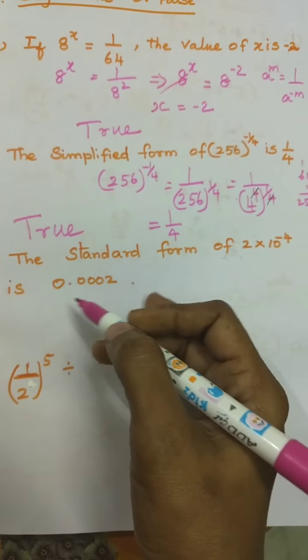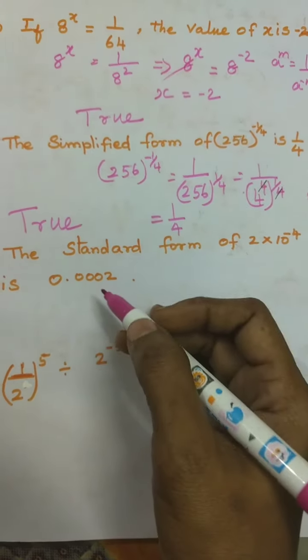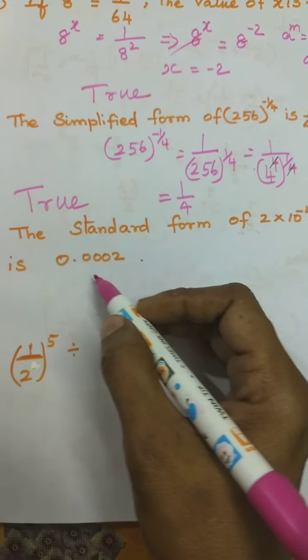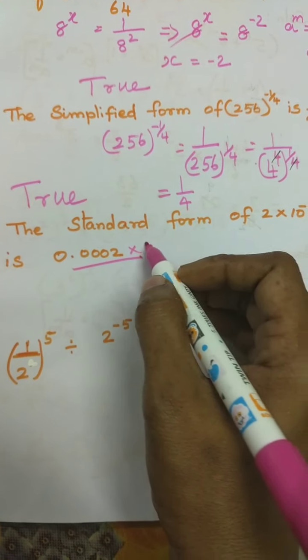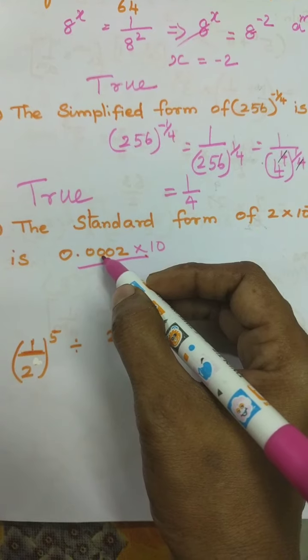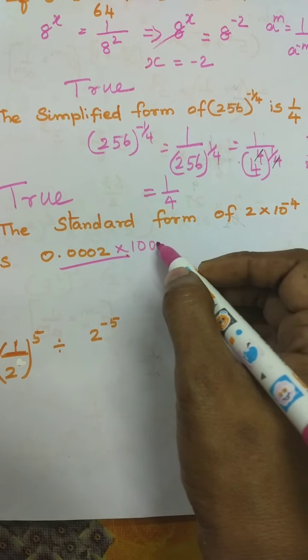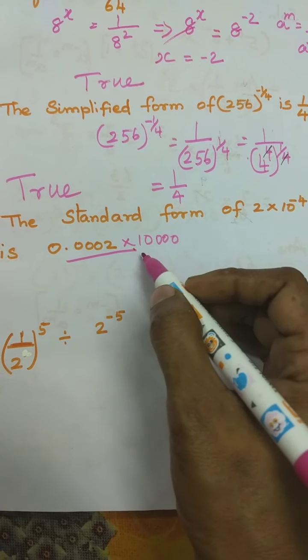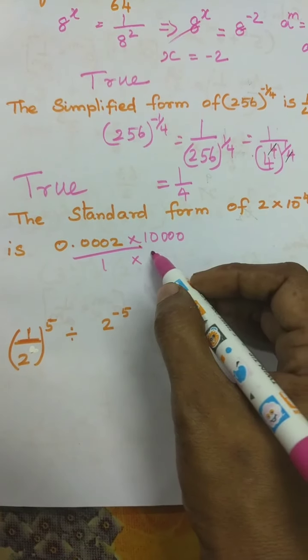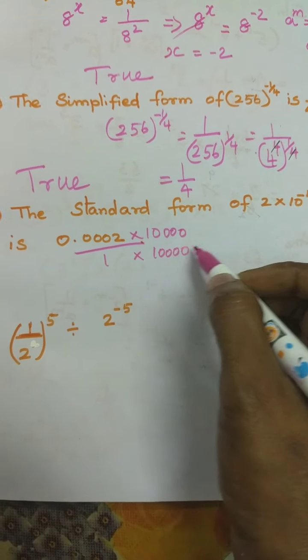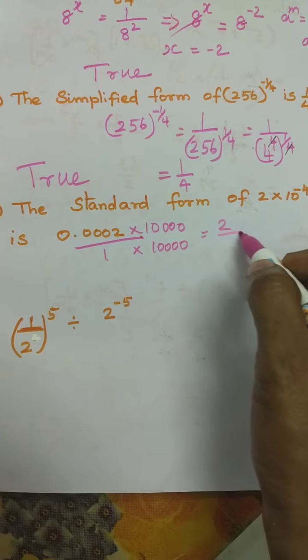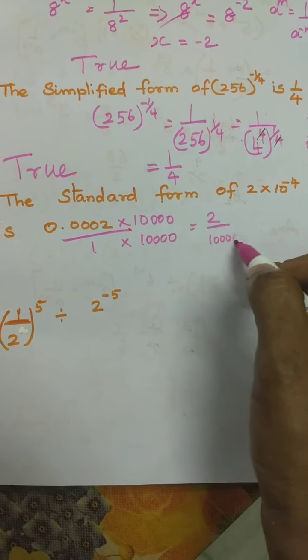The next, the standard form of 2 into 10 power minus 4. How will you write this as 2 into 10 power 4 minus 4? If you multiply and divide by how many? 1, 2, 3, 4. Then divide by 10,000, and here also you have to multiply by 10,000. Then it will come as 2 by 10,000.